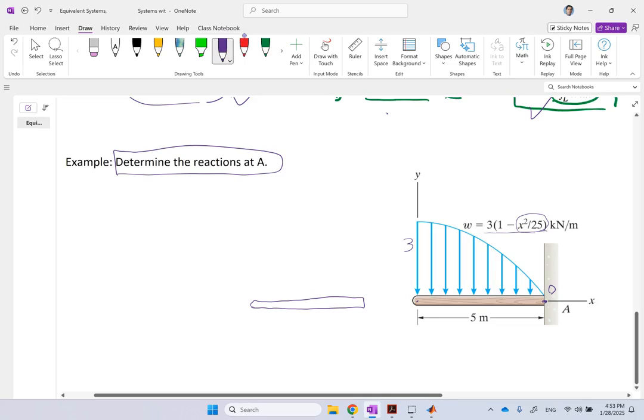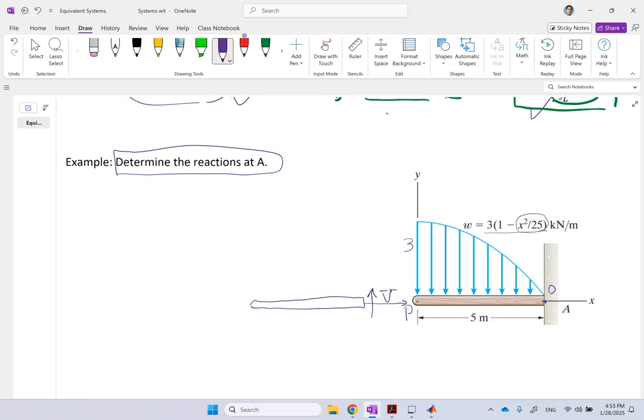So I have what here? I have a vertical reaction force, let's call it V. I have an axial reaction force P, and I have a bending moment M, because it has 3 reactions. And of course, I have all of this parabolic distributed load on it.